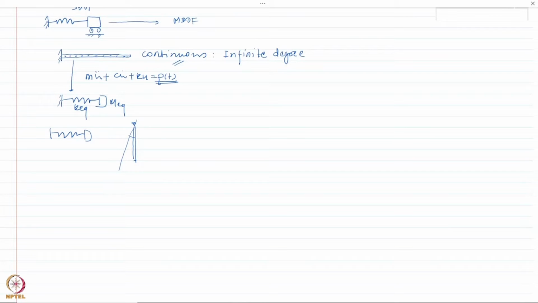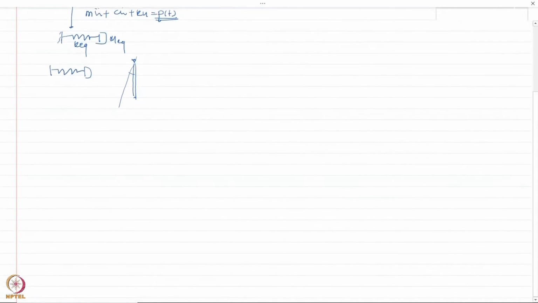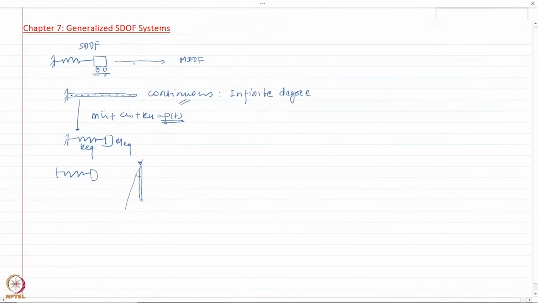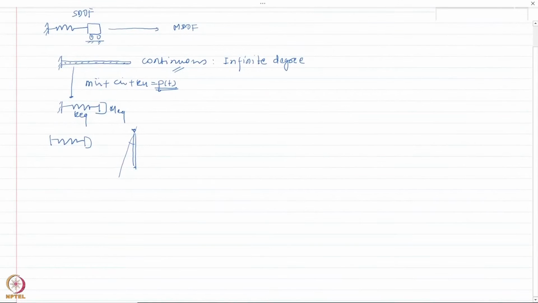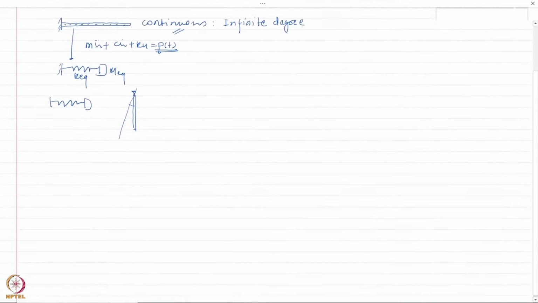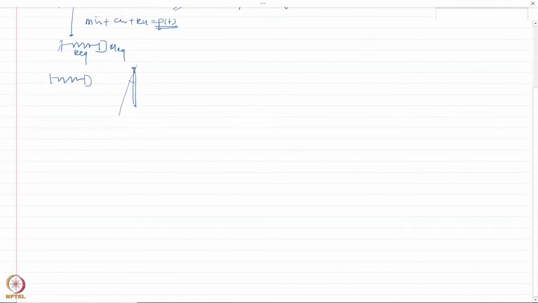Now let me take the example of this rigid bar here. The rigid bar is constrained to move around this point, the point of rotation. Now, on this rigid bar, let us say we consider a displaced position in this fashion.